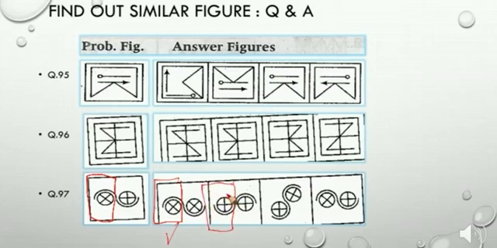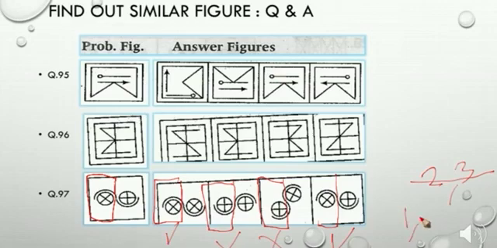This is not matching because here this is missing and this is extra. Let's check in option 3. This is again a total mismatch because this is not the same. Let's check in option 4. This is matching. So option 2 and option 3 both are rejected.